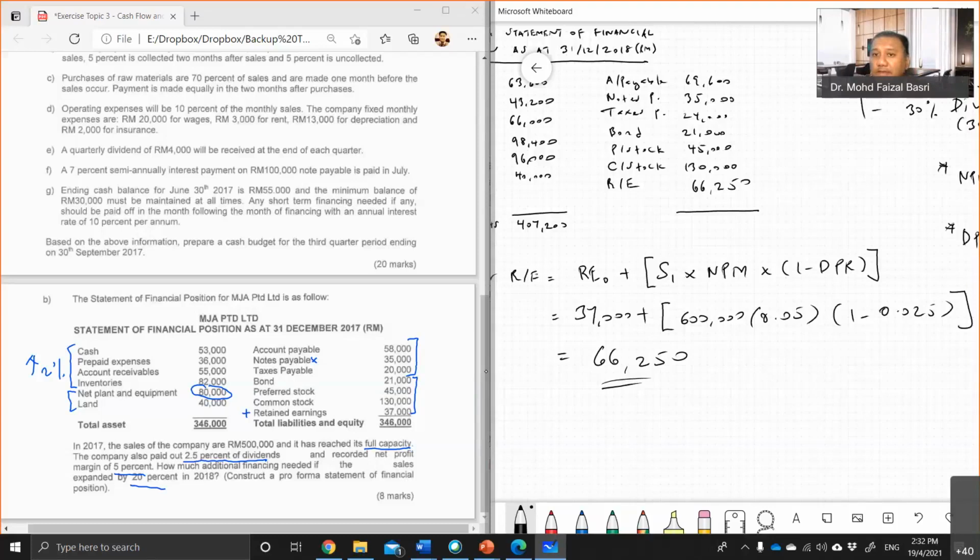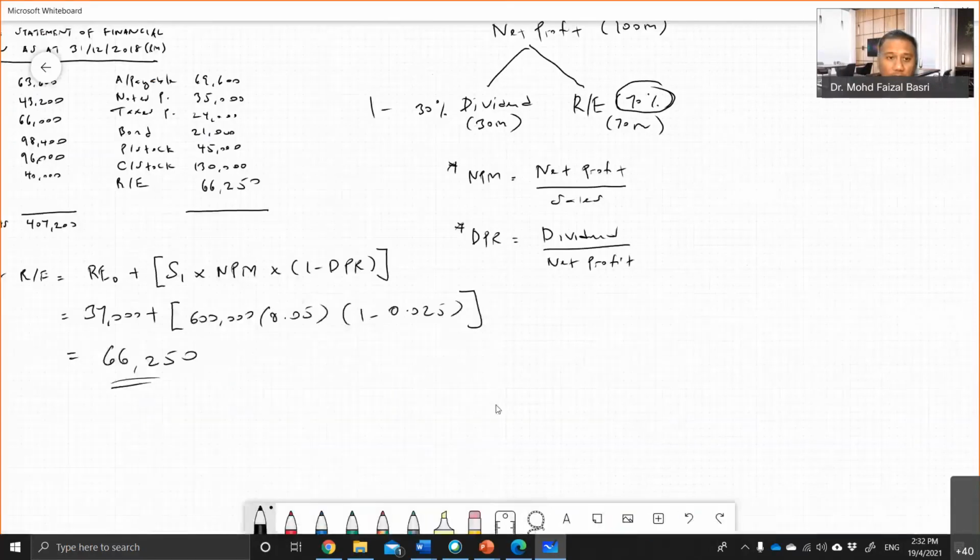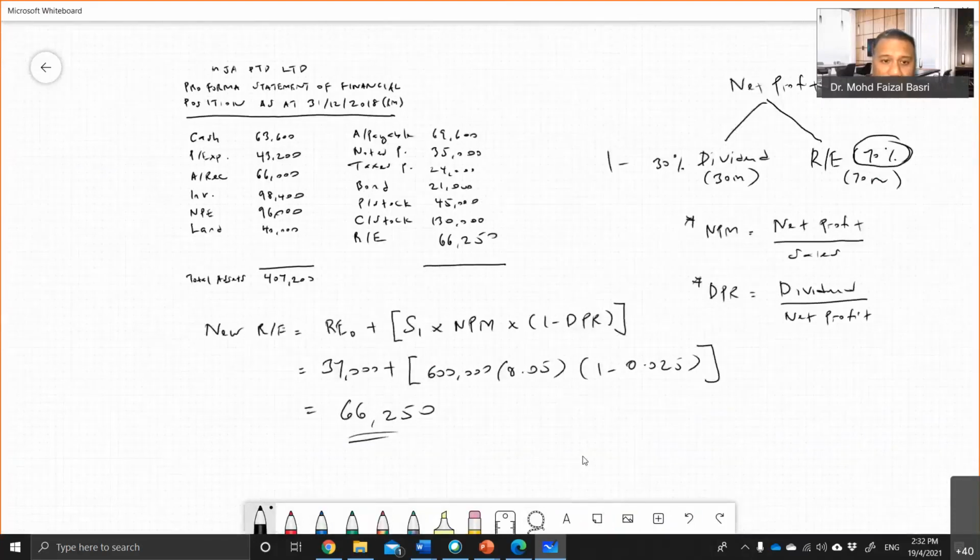If you add everything here, will you get the same value as this one? Because we know the total claims, or the total of liabilities and equity, should be 407,200, similar to our assets. So can you add all of this and confirm whether we get this 407,200?